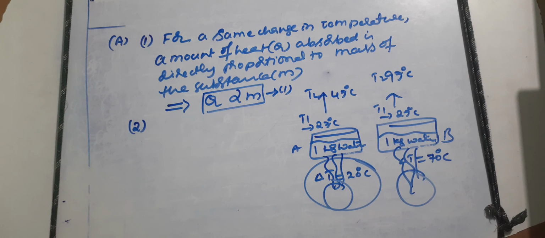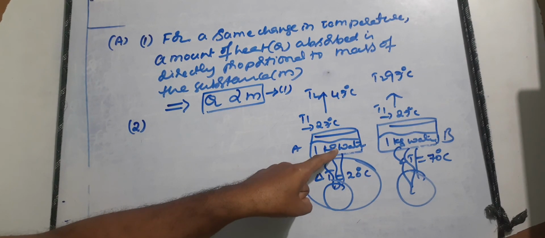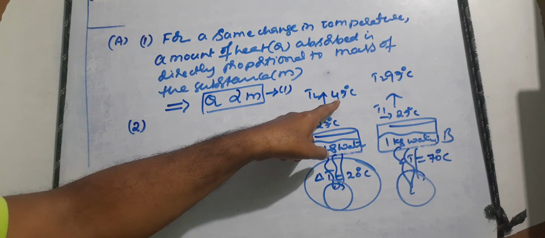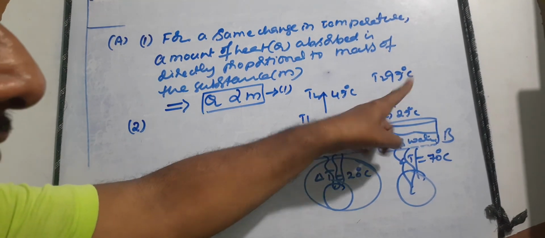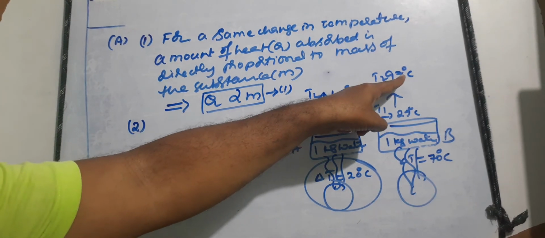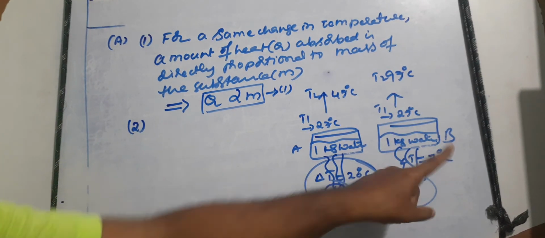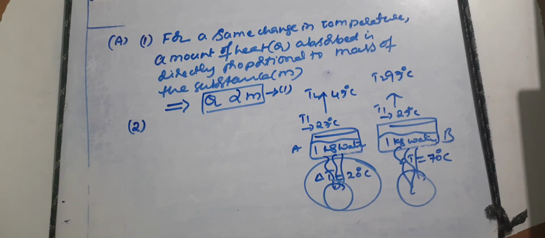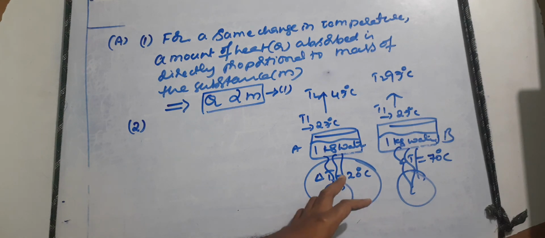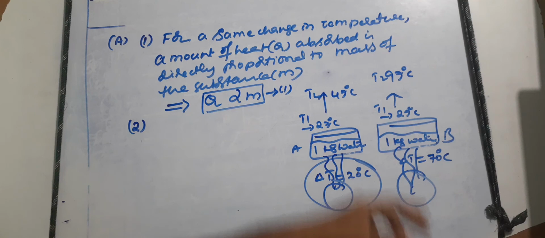On heating, we can notice that the required temperature in vessel A will be reached faster, and in B it will be reached slower, because the target temperature is higher and the change in temperature is higher. When the change in temperature is higher, it requires more heat energy. When the change in temperature is lower, it requires less heat energy for the same mass of substance.